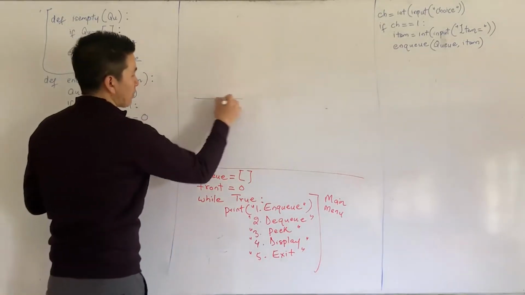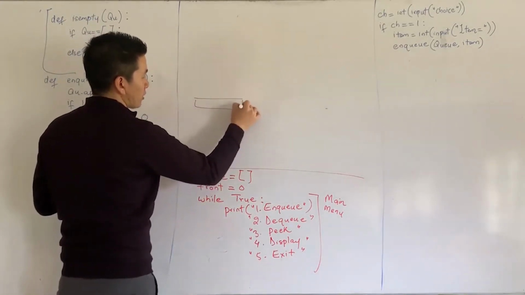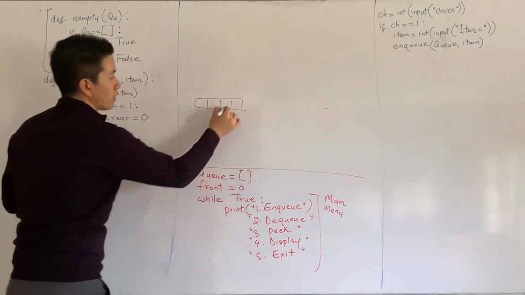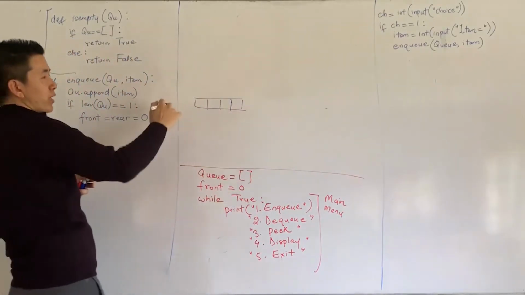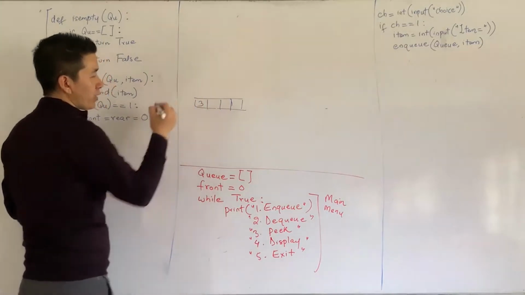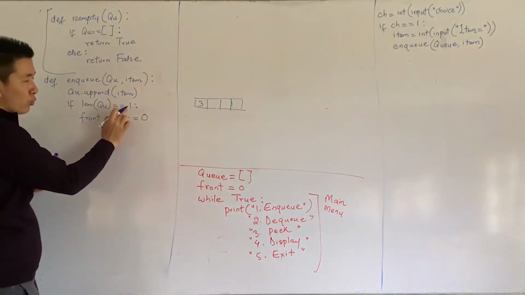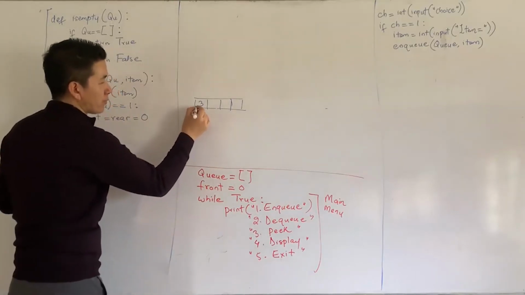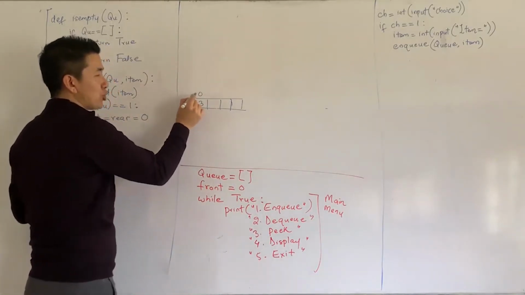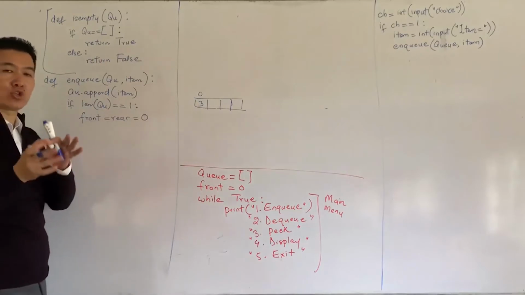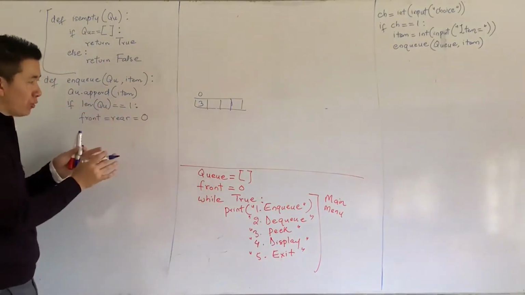It means it'll be something like this. Let's say this is the queue, alright? Let's say I add 3. If I add 3, the length of this queue is equal to 1. So the value of front should be 0, and the value of rear should also be 0.